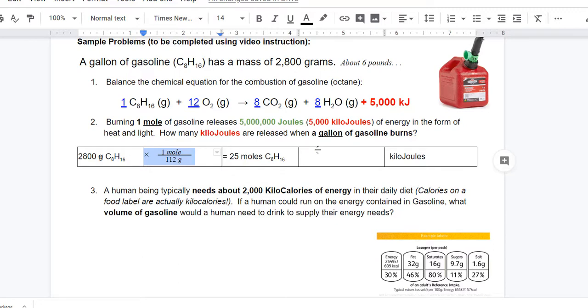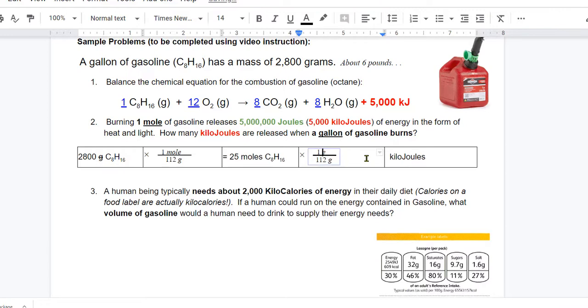So instead of having everything all set up with the boxes, you'll have some choices to make. But I can just copy this, copy and paste. And I need a conversion factor that takes me from moles to kilojoules. So let me erase these labels which are no longer appropriate and get the right conversion factor.